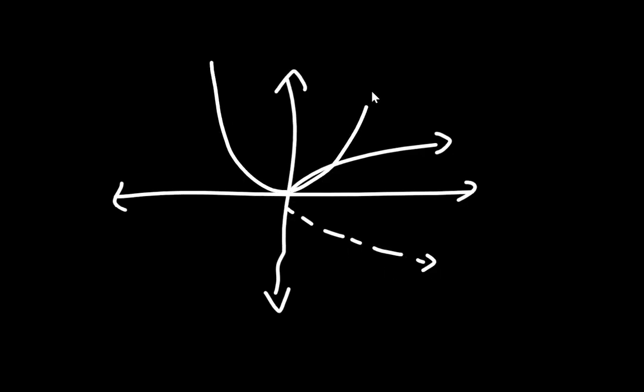X squared functions look like this, and a square root function is this. And we will learn about what x squared and the square root of x have in common. They're sort of the same. Why they're sort of the same, we'll learn in chapter 3 or 4 or something.